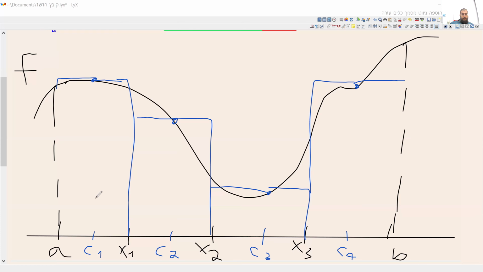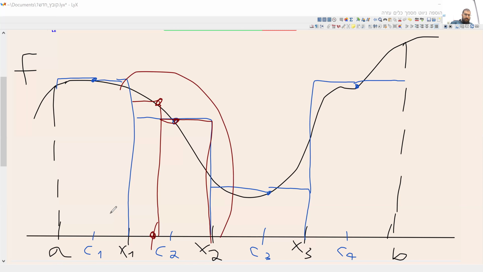Let's say, for example, we are adding a point here, a red one. So by adding a point and then considering two rectangles instead of one, looking just at this subsegment, we can easily see that there is an improvement. The gap between the rectangles and the function is now smaller than it was.